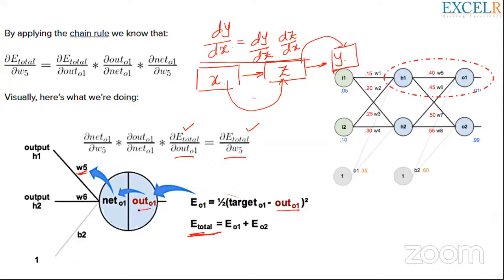This out 1 is getting affected by this net 1, that is dou out 1 by dou net 01. This net 01 is getting affected by this W5, dou net 01 by dou W5. So this equation is a chain rule, and if you solve this, I'll get the net effect or rate of change of dou E total by dou W5. So that is what we are going to solve now.